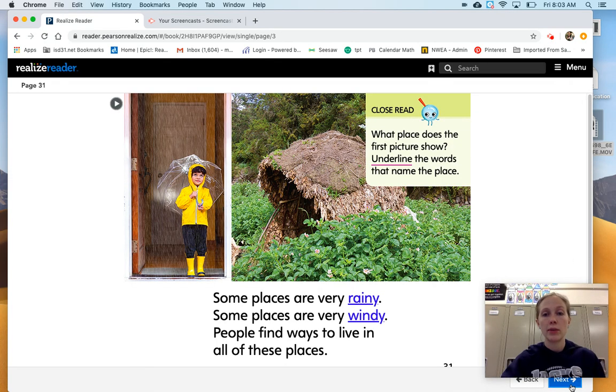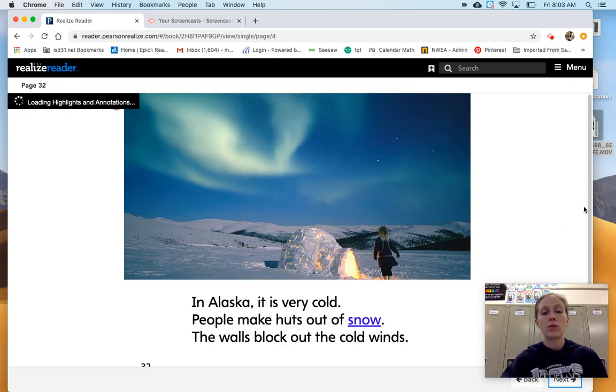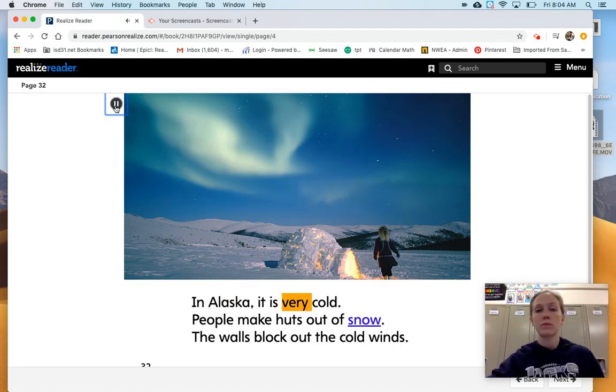And then turn to page 32. In Alaska, it is very cold. People make huts out of snow. The walls block out the cold winds.